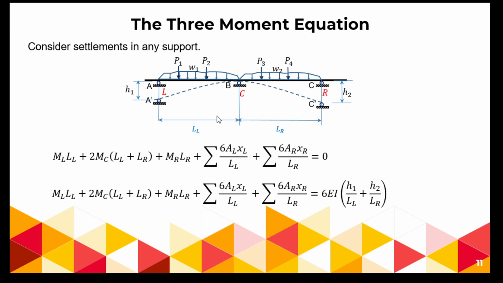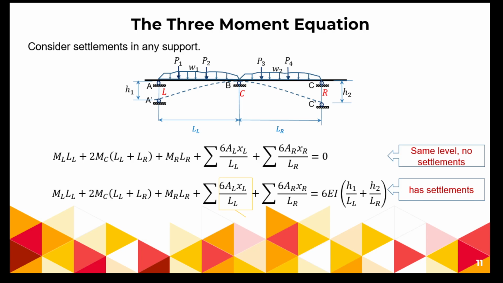We have to use equals 6EI, H of 1 over span sang left plus H of 2 over span sang R here. Pero kung the same level yaya, equal 0. Pero kung hindi siya gani yaya nga the same level, then amo ni equal sa 6EI. Kay may settlement siya.